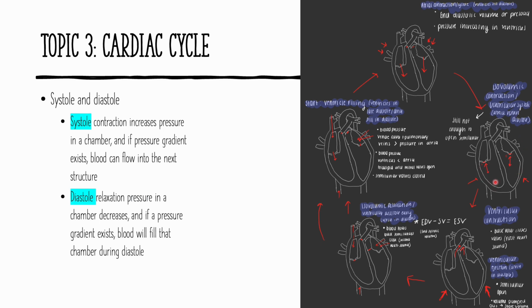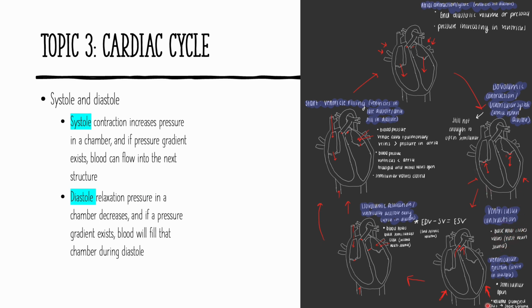The blood is now in here, but it's still not at this point enough to open those semilunar valves. So as the ventricles now start to contract more and more, that pressure is going to push blood back, and that's going to cause these valves to close. And as these valves close, that's our first heart sound that we hear.